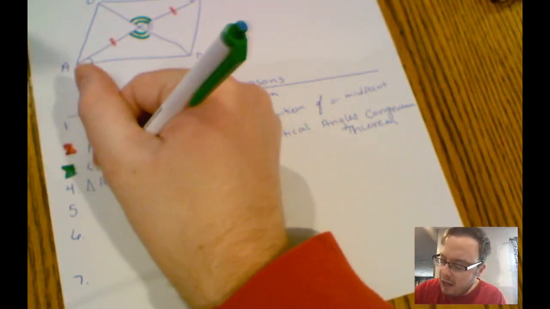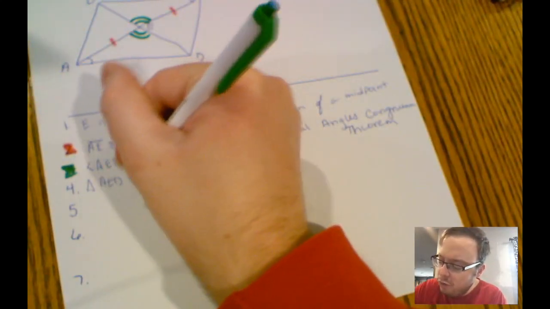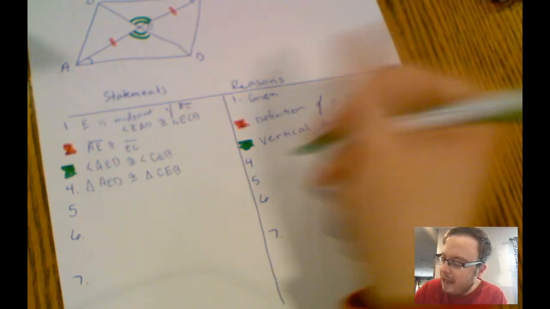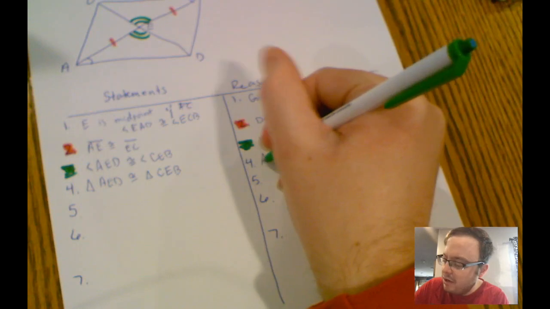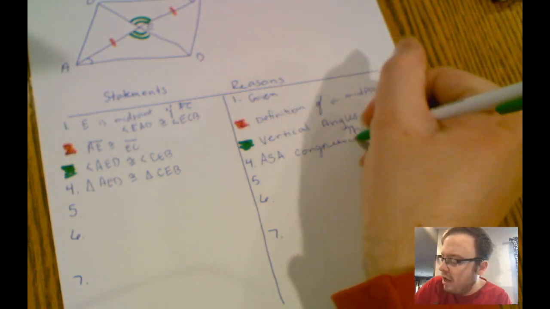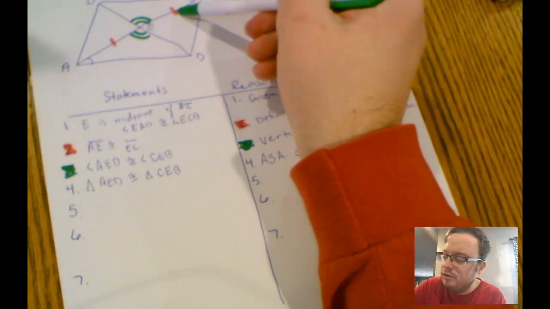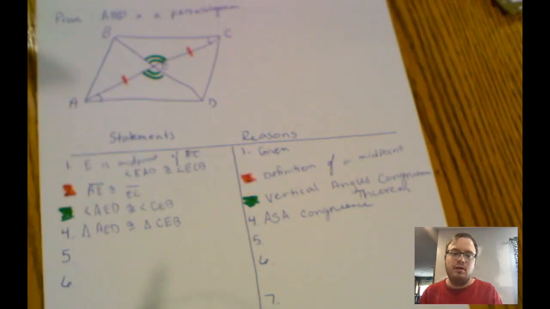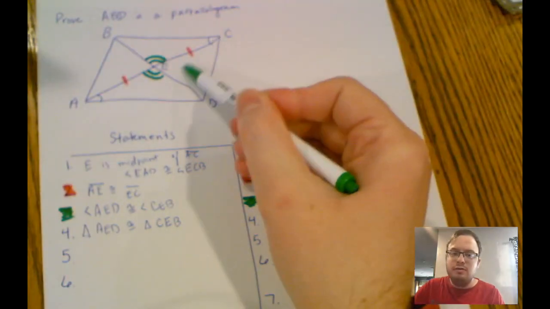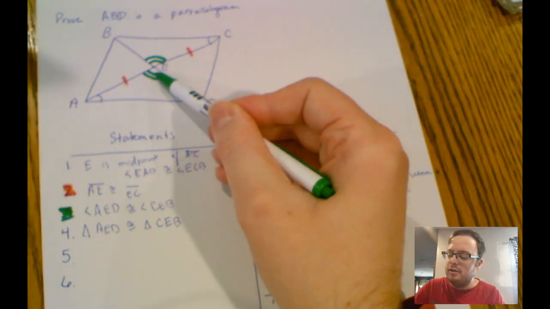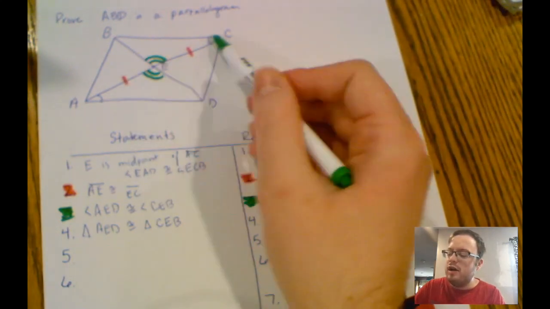Triangle AED is congruent to triangle CEB. That is because we have angle, side, angle congruence. That tells me that these two triangles are congruent.